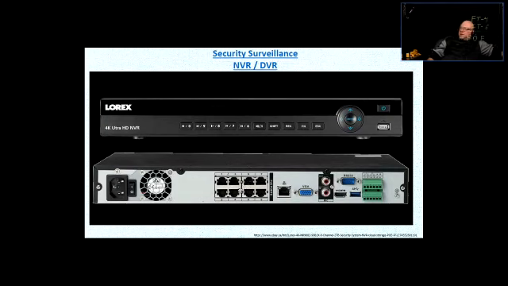But what you can do is have a switch programmed to receive the signal from the security cameras, in which case you don't have to use the individual ports here.